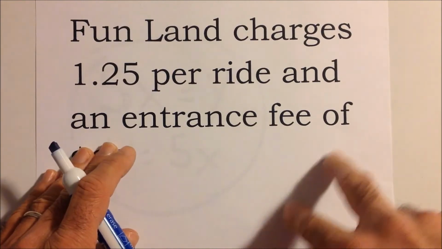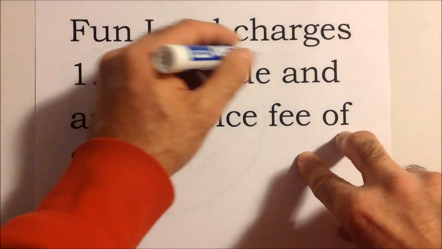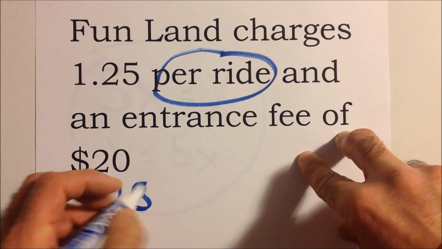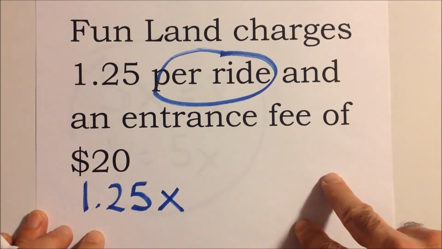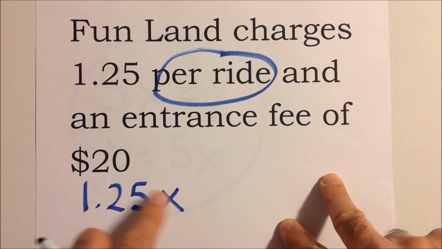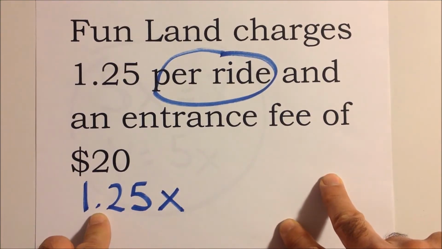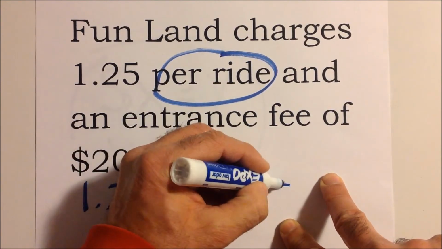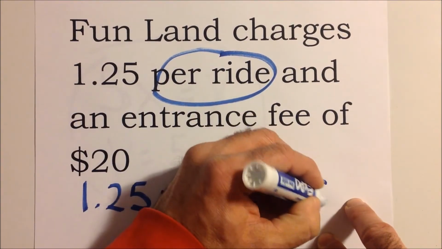It's $1.25 per ride. In this case, per ride is the x. It's $1.25 x, or you can put r. Whatever the rides are, you're going to times it by $1.25. And there's an entrance fee of $20, plus 20, and that's going to give us our cost.